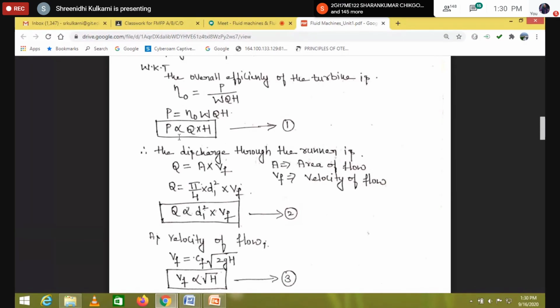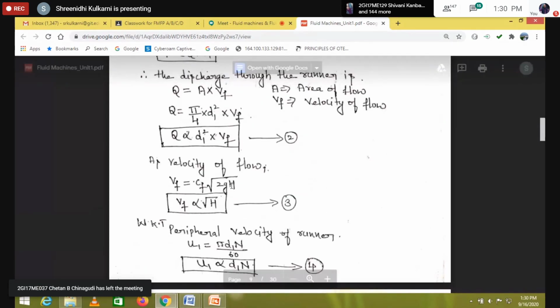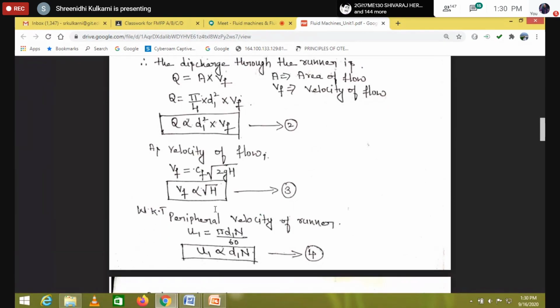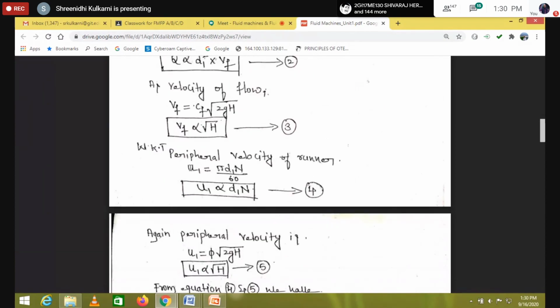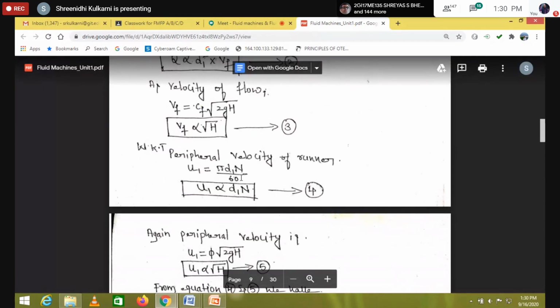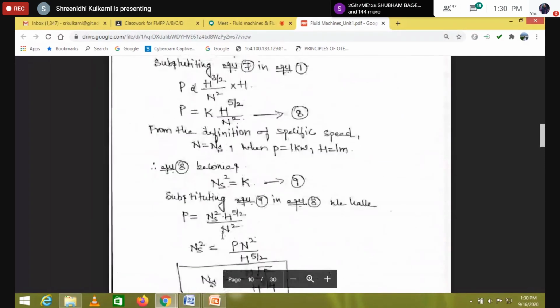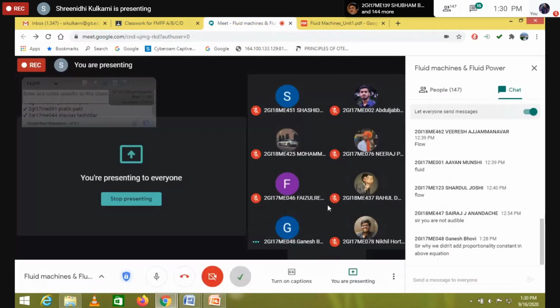So that's why I took P is directly proportional to Q into root H. Here also H is varying, so I took it as root H. And here also, the peripheral velocity, speed, is not a constant, it is variable. Diameter is also variable. Clear? So that's why I consider it directly proportional to all of these. Clear? Okay, sir.